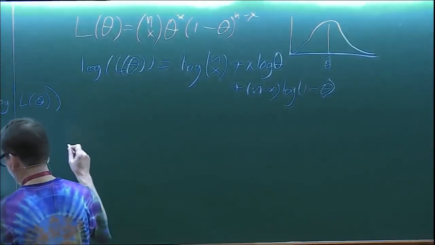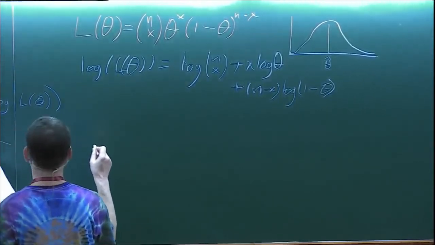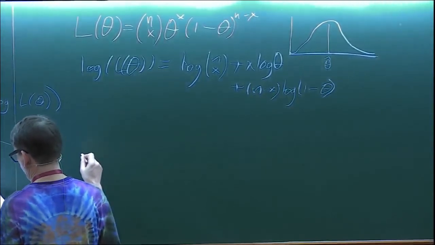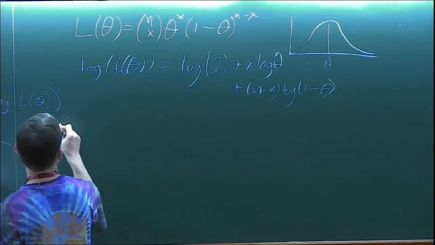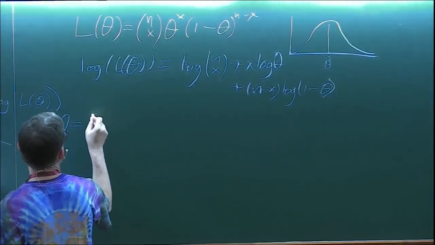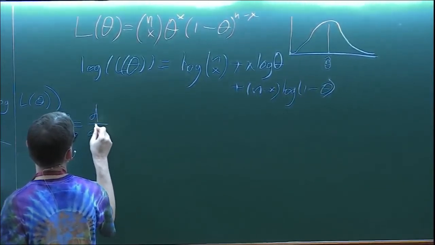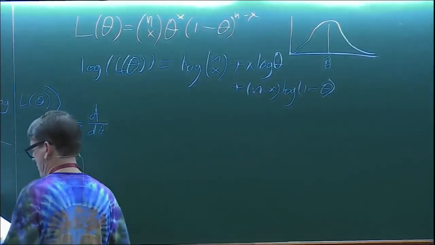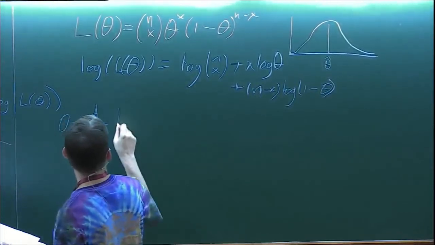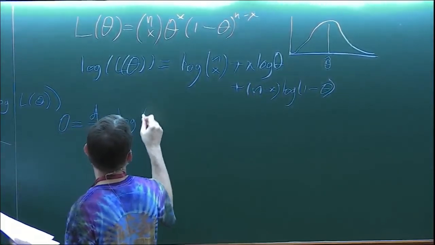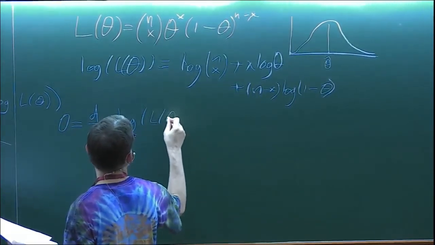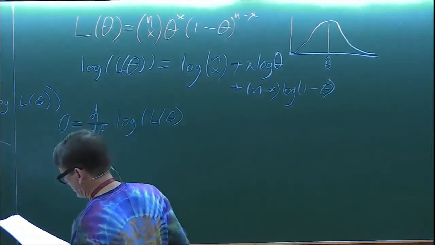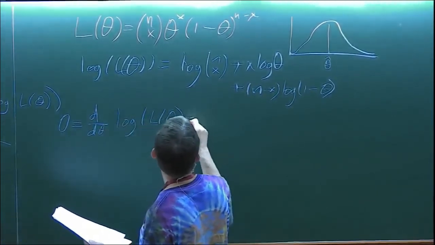So what we want to do is set 0 equal to the derivative with respect to theta of the log of L of theta. And so what's that going to be?